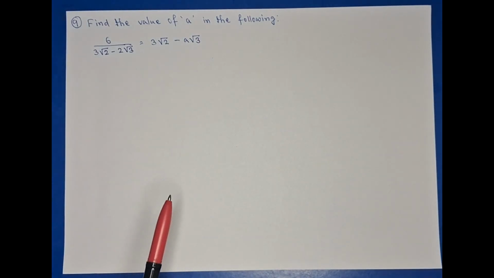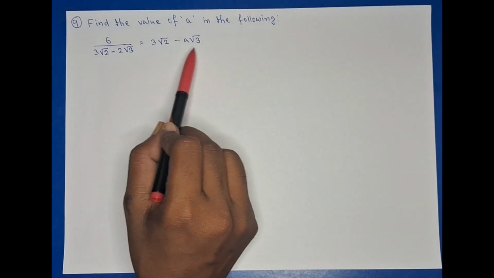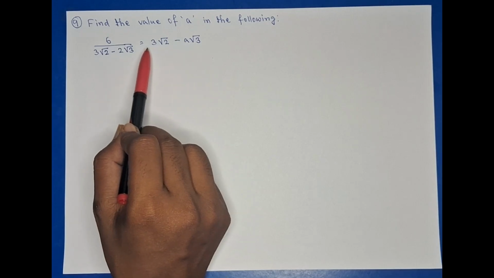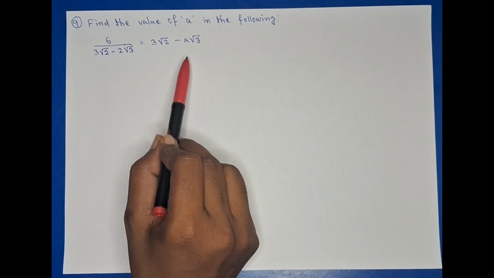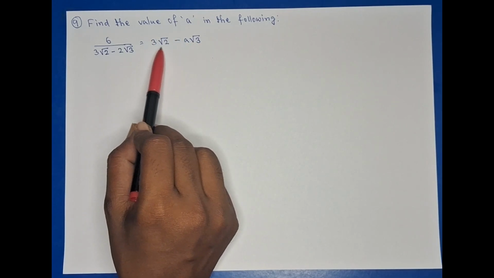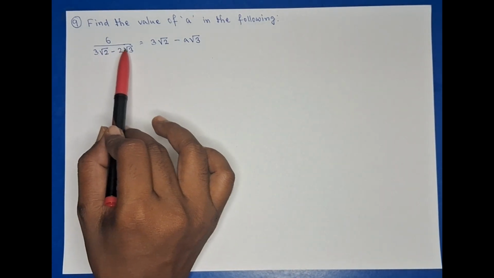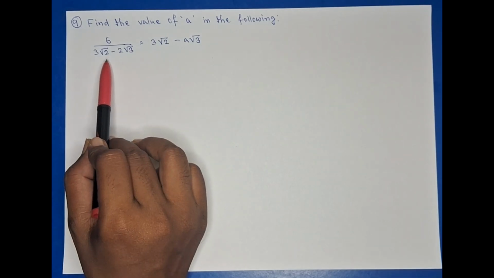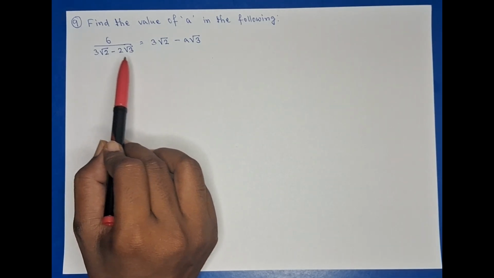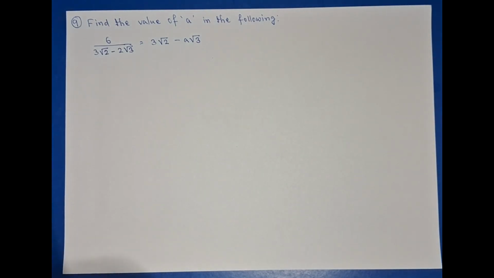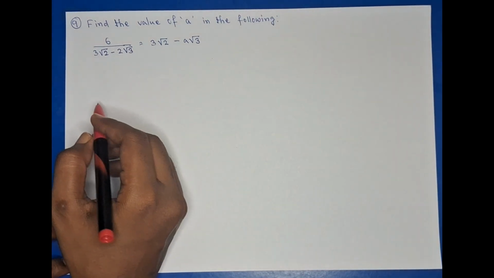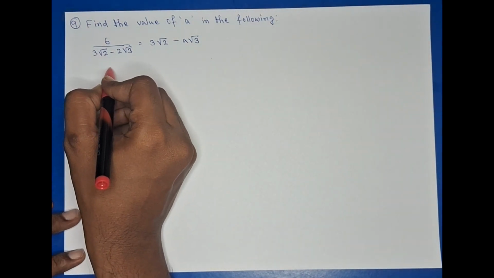But for that, see in the right hand side, the rationalization of the denominator is already done. The denominator is already a rational number. In the left hand side, the denominator is not rational. We have to rationalize it. So let us try to rationalize the denominator first.